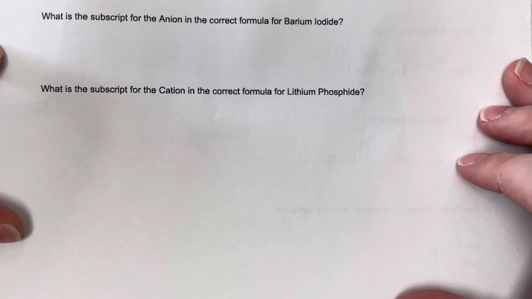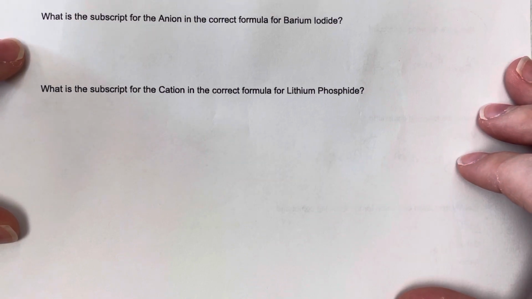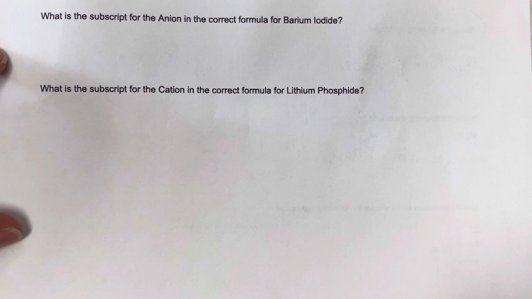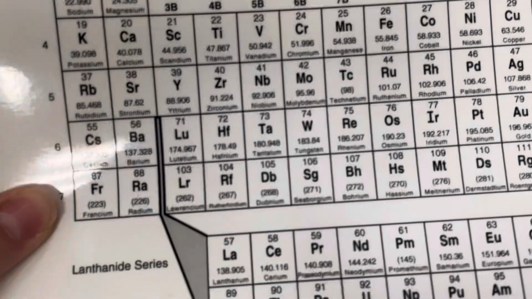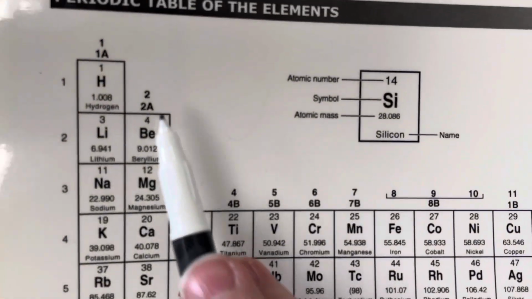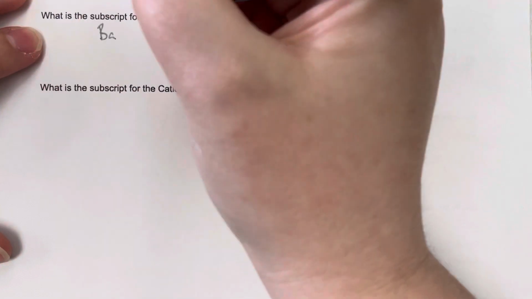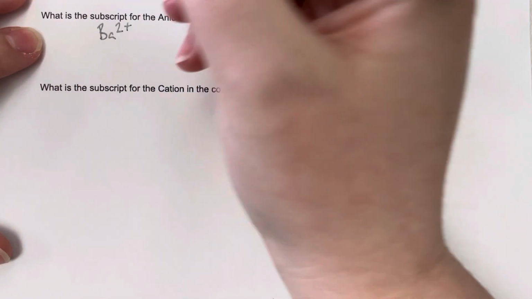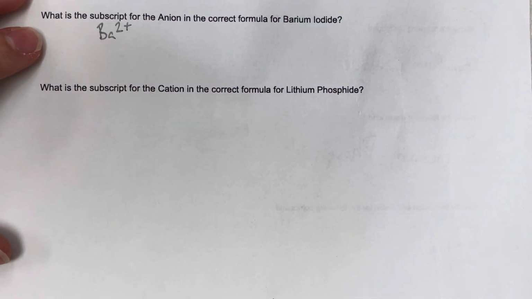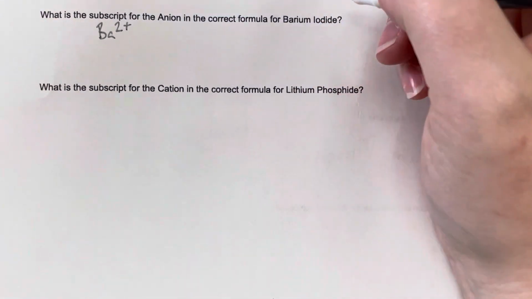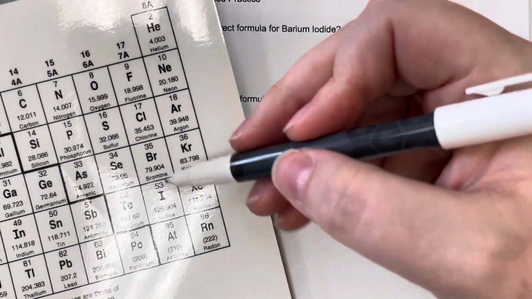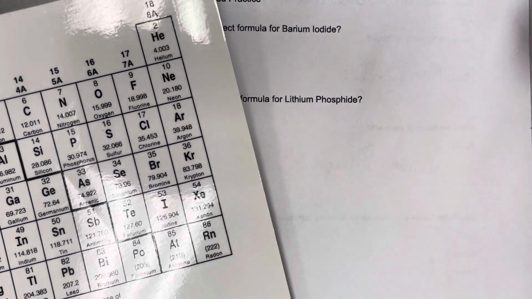What is the subscript for the anion in the correct formula of barium iodide? First thing I need to do is find the correct formula for barium iodide. Barium has the element symbol Ba. It's in the first two columns, and it is in column 2, which means that I can just go ahead and say that barium is going to have 2 valence electrons. It's going to give those 2 valence electrons away. Giving a gift is a nice thing to do, so I'm going to have a charge of positive 2. Iodide is secretly iodine. Iodine is in column 7, which means I have 7 valence electrons.